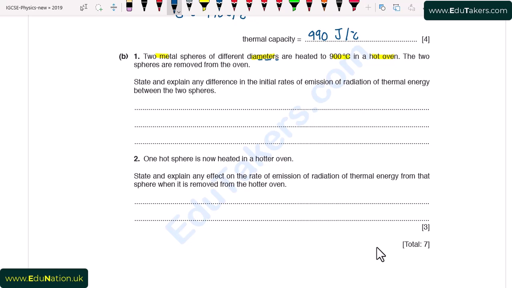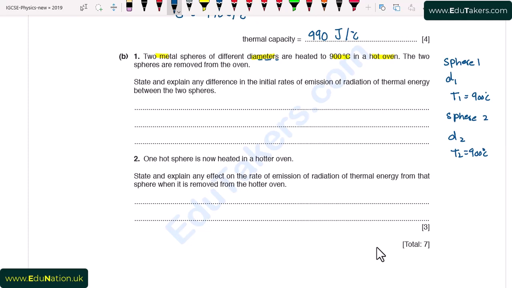So I write here, if I consider sphere 1 and sphere 2, the diameter of sphere 1 is represented by D1, while for sphere 2 it is represented by D2. And the temperature for both is the same, that is 900 degrees C. So T2 is also equal to 900 degrees C.